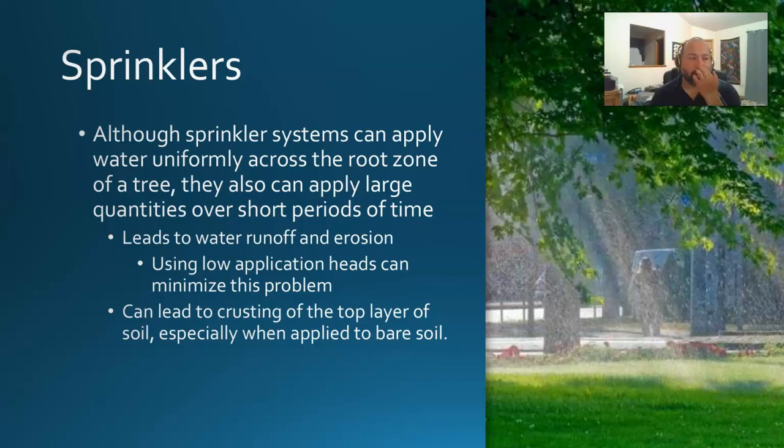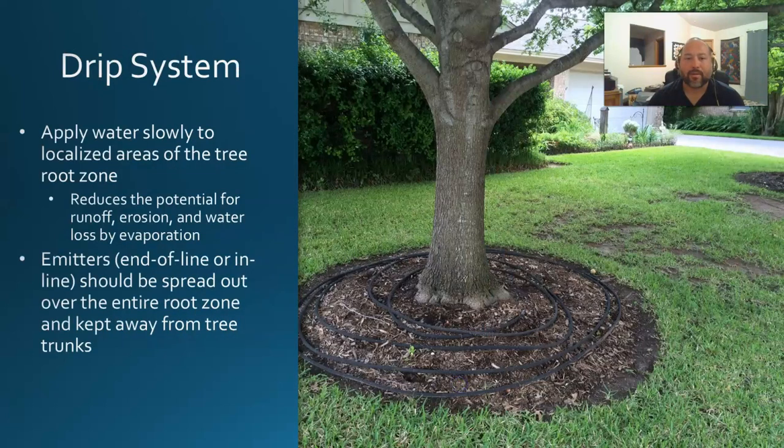So you really want to make sure you got the right head size and you got your timing right, and you're making sure that you get enough water on your trees, but not too much, especially if you start getting crusting happening on the top of the soil, and you get some compaction, and it just becomes a mess. We don't want to have that happen.